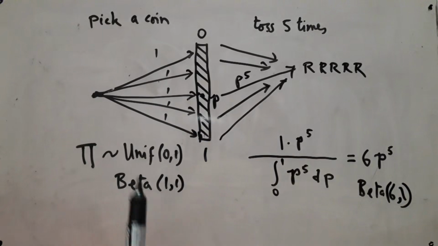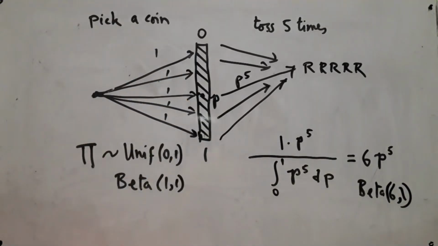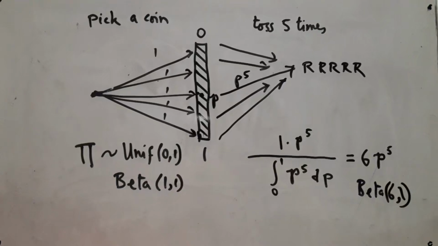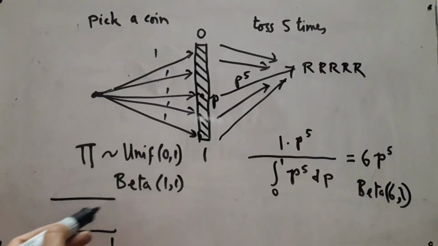So if you started with this belief that everything is equally likely, then after seeing this particular outcome, 5 consecutive heads, your belief is reshaped into beta 6, 1. So pictorially, this was your original belief. It was just flat at 1.